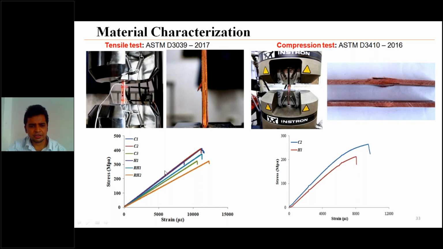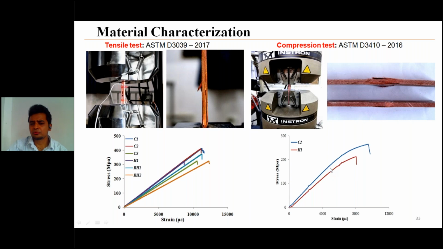From the stress strain curve, we can see all profiles showed linear behavior up to failure, and none showed any ductile behavior. In the case of compression coupons, the main failure pattern was delamination only. However, their stress strain behavior was a combination of linear and nonlinear patterns.